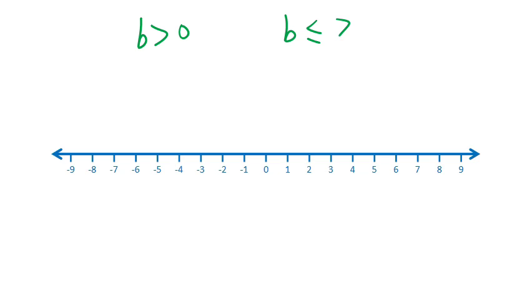So we've got B is greater than 0, so we put an empty circle at 0, and we've got B is less than or equal to 7. We put a solid circle, and we know that these two, because this one's going that way and that one's going that way, they're going to meet in the middle. We can just change that to being like this, and that is what B represents.